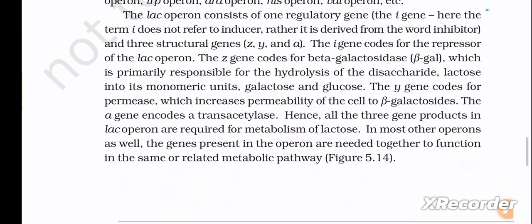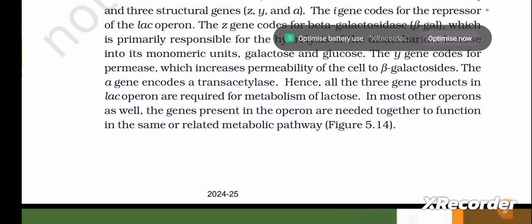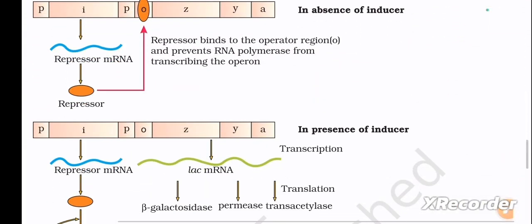The Y gene codes for permease, which increases permeability of the cell to beta galactosides. The A gene encodes a transacetylase. Hence, all the three gene products in lac operon are required for metabolism of lactose. In most other operons as well, the genes present in the operon are needed together to function in the same or related metabolic pathways. Figure 5.14.